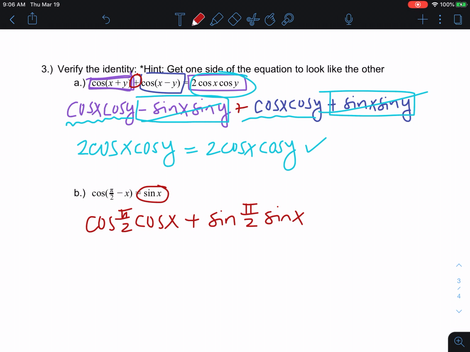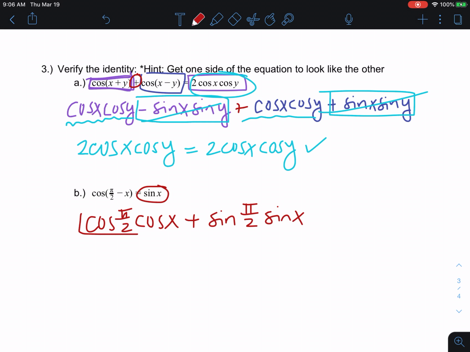So we're just using the identity for subtraction of cosine. And what I see here now, this and this both have an angle, the angle is pi over 2, plugged into it. So I can find the exact value of both of these.